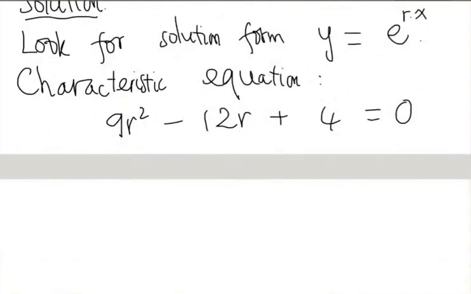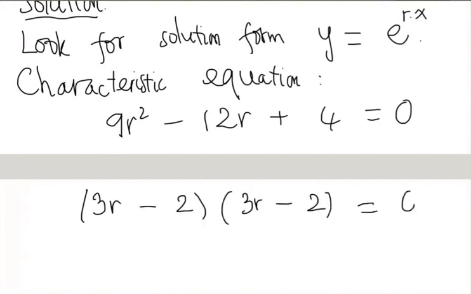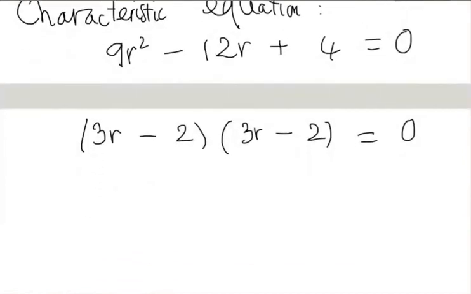As before, you may use the quadratic formula or try to factor this. It's a little bit trickier to factor in this case, but you will have the two factors like this. As a reminder, if you cannot factor after 1 or 2 minutes, then you should use the quadratic formula. Then solving this, we have r equals 2/3, which is our r1, and it's the same as r2, 2/3 as well.